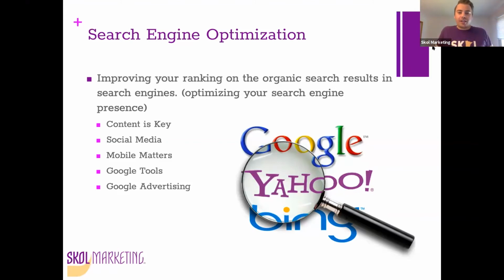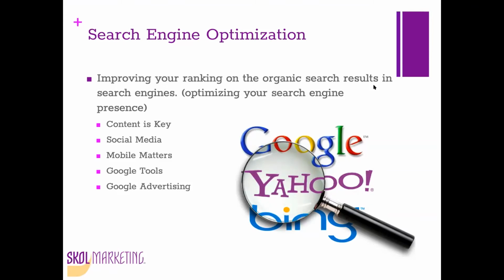So while we're going to focus on Google today, the positive is that when you do these techniques, it has a ripple effect and an auxiliary effect on the other search engines as well.